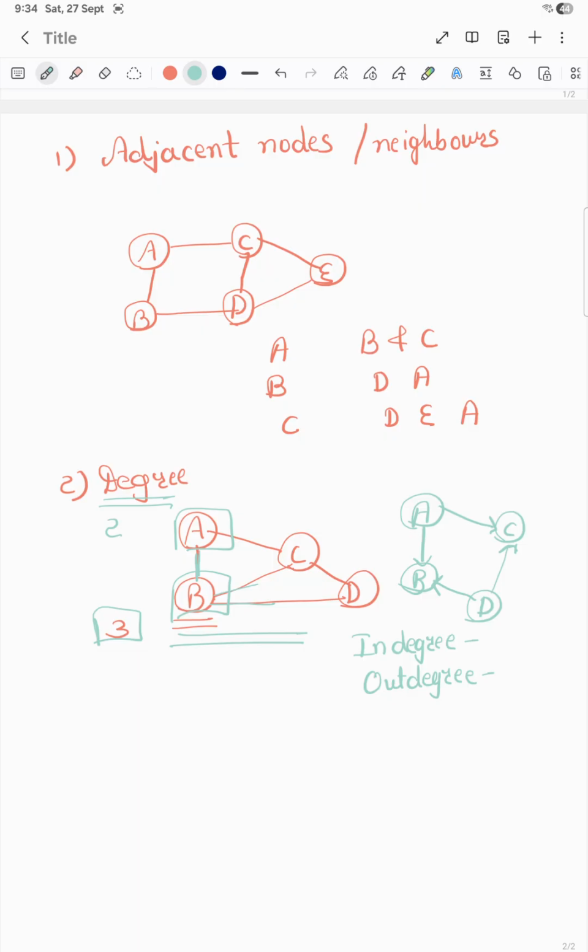So here, for B, in degree is 1, because the arrow coming inside is 1, right?